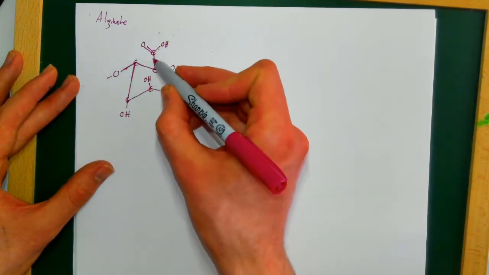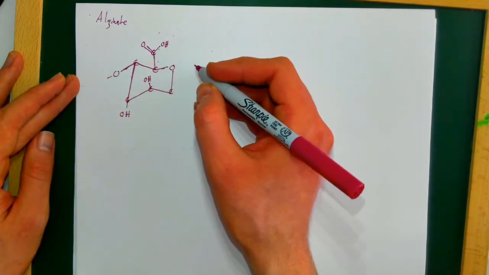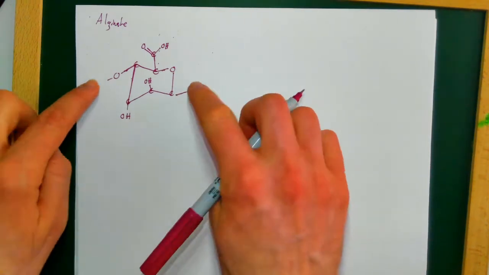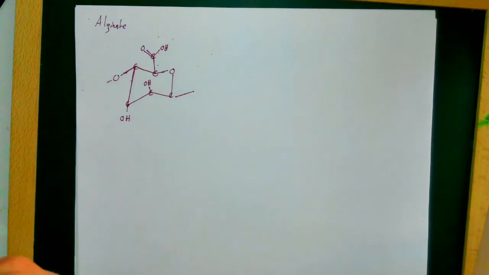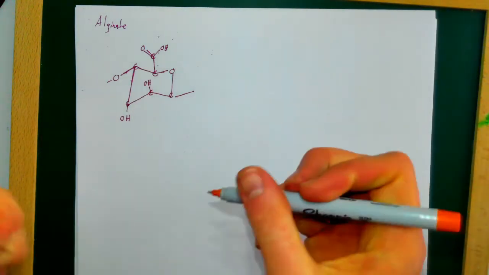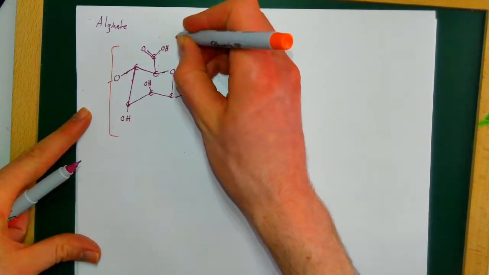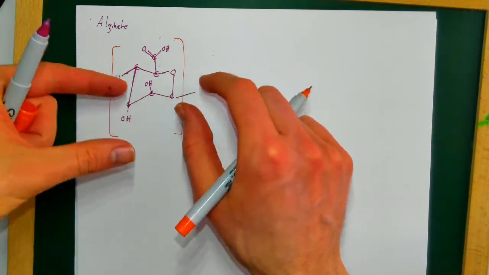So it's basically made of a six carbon sugar, and this carbon right here is connected off to the next one. So if we look at the repeat unit would be defined here. And I tried to draw this in a 3D way, right?